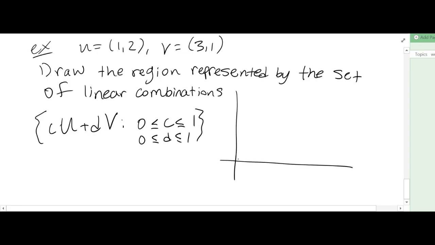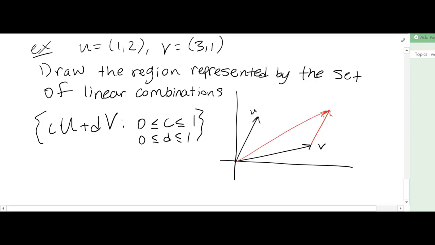So u looks like maybe that, v is like that. We can put u at the end of v by translating it. So this would be the vector u plus v.